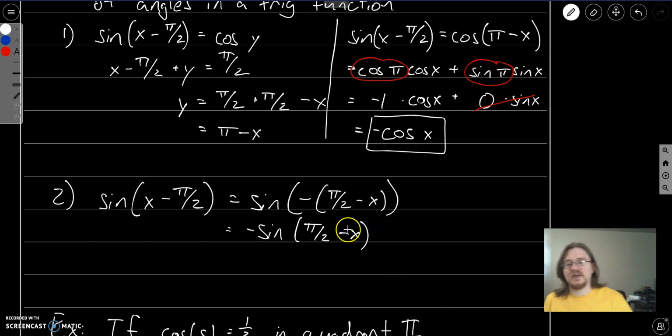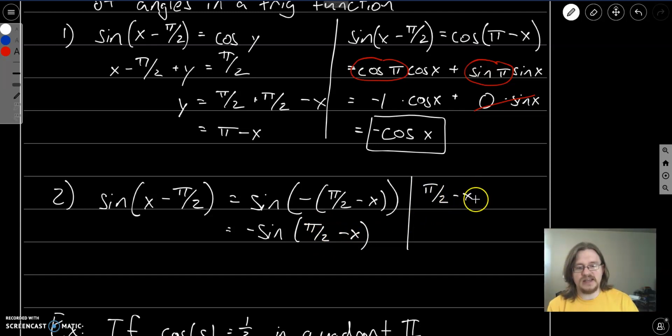And here, what is the complement? I've got negative sine of pi halves minus x, and this is a very easy angle to take the complement of. Let's say the complement is y. Well, pi halves minus x plus y should be equal to pi halves. Again, the sum of my original angle plus y should be 90 degrees, or pi halves.